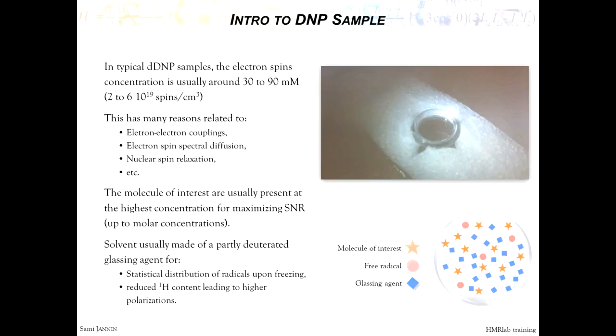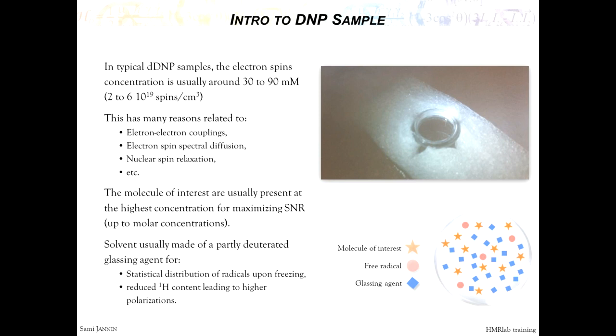In a typical DNP sample, we have 30 to 90 millimolar of radicals. This is 2 to 6 times 10 to the 19 per cubic centimeter. I just put this number because a lot of the literature in physics uses this notation. So 2 times 10 to the 19 spins per cubic centimeter is 30 millimolar. There are many reasons why this is a kind of sweet spot.